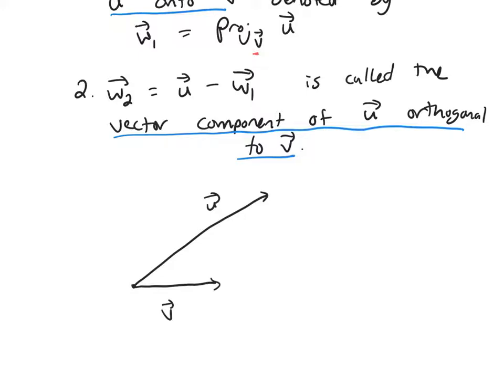So what I can do is I can project U onto V here. I can split U up as this vector. Here's W1, and then this vector here, which is W2. And you can see that this first vector is parallel to V, and this second vector is perpendicular to V.